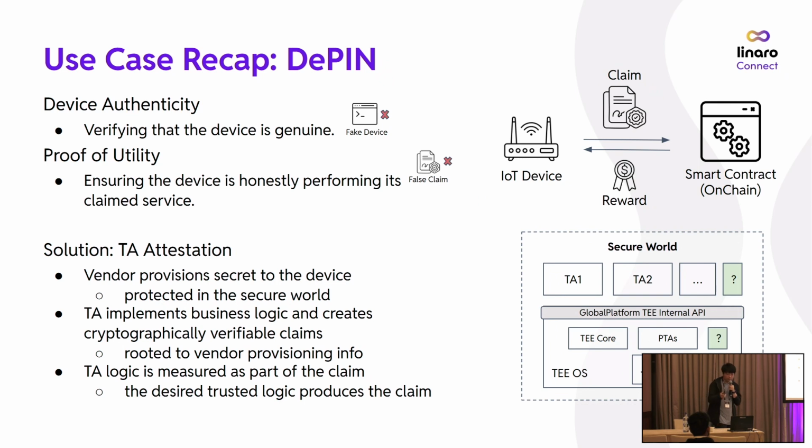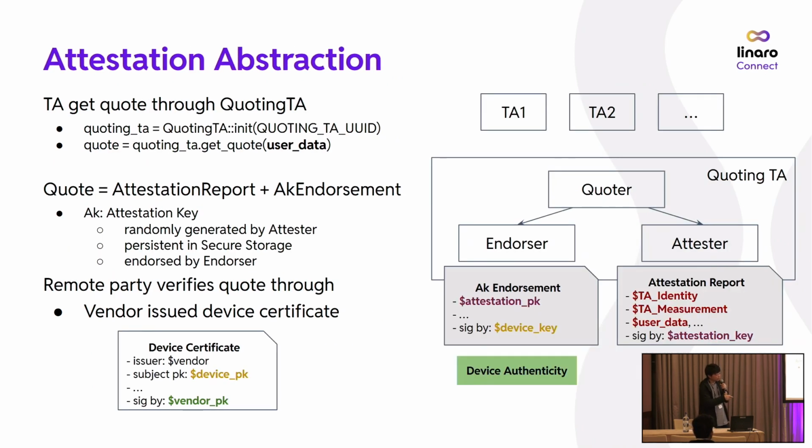Today there are a lot of low-level primitives provided by the OP-TEE OS, but how should this be exposed in user space? So we are working on something like this. We provide an attestation abstraction in the Rust SDK for all the TA developers. We isolate all the attestation-related logic into a dedicated TA we call the coding TA.